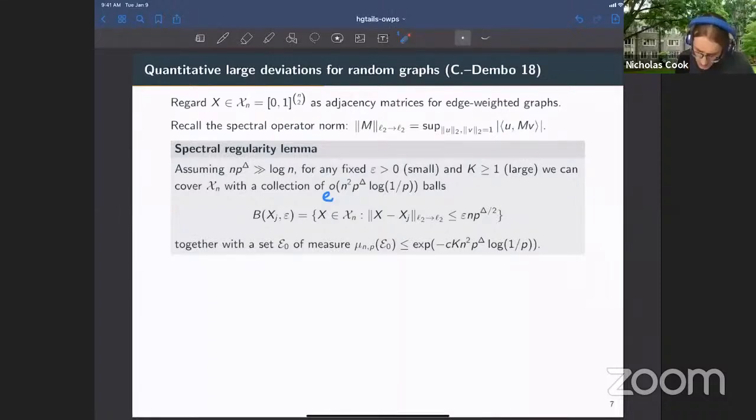If you allow yourself to delete a set of tiny measure, then you get the approximation and the covering that we're interested in. And the key here is, you just delete a set of probability going to zero. It has to be smaller than your large deviation rate. So that's why k is a parameter that you can take to be something negligible, sort of a covering that's able to detect all the phenomena that are interesting.